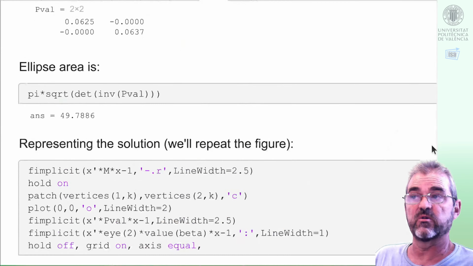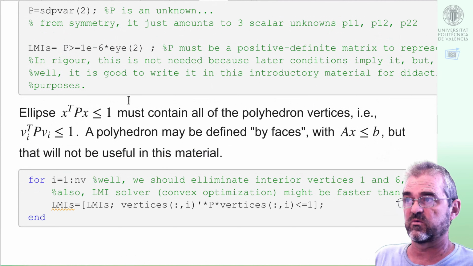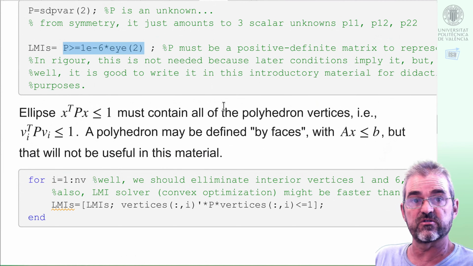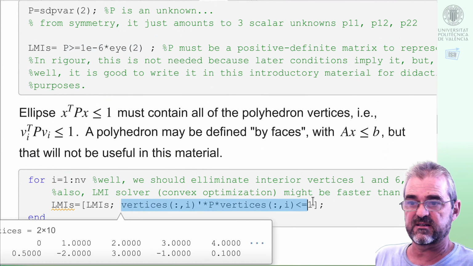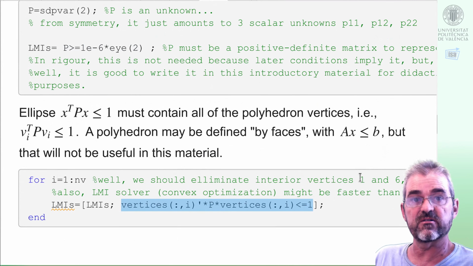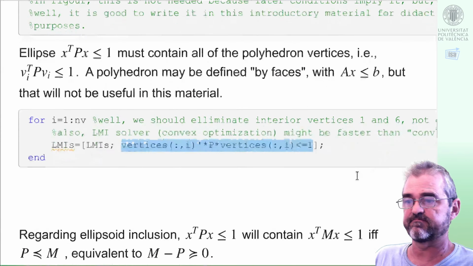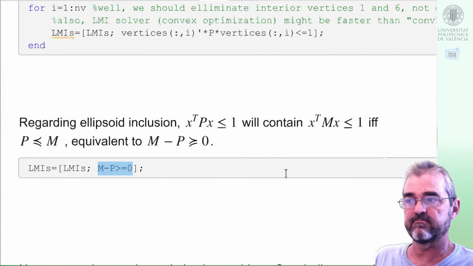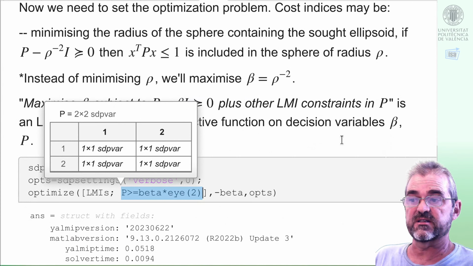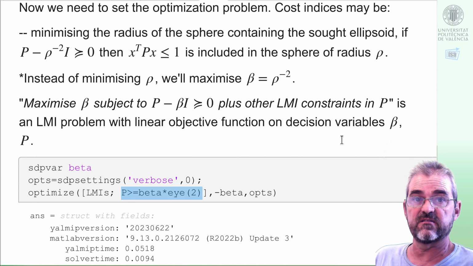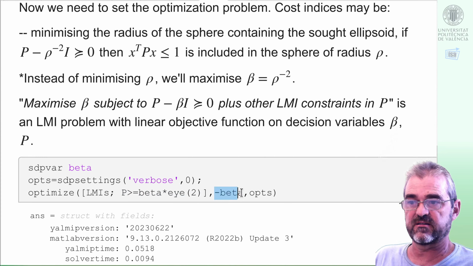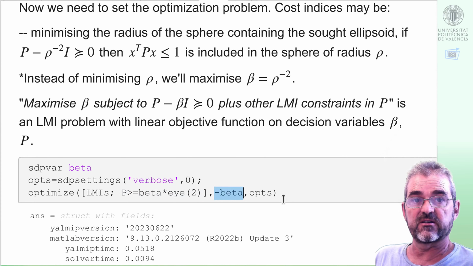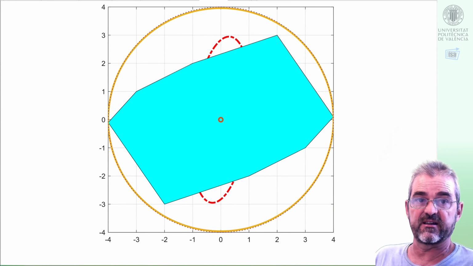We have discussed how to encode it as a linear matrix inequality with this positive definiteness condition on P, with these scalar inequalities, one for each vertex point we wish to be inside the ellipse, and with this matrix inequality regarding ellipsoid inclusion, and we added this condition to be inside the given sphere, and we shrank that sphere, well, that circle, putting that cost index into the optimize command, and in a few milliseconds we got a solution we will refine in the sequel video.